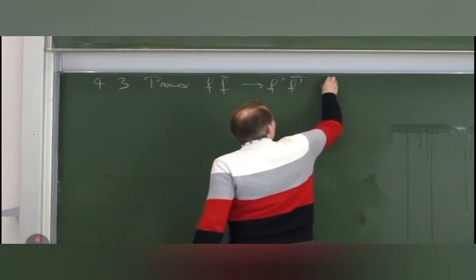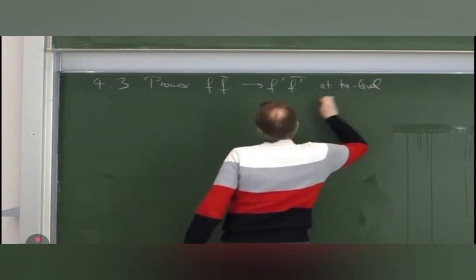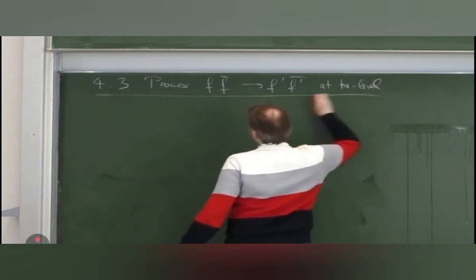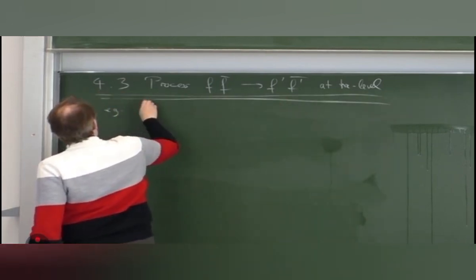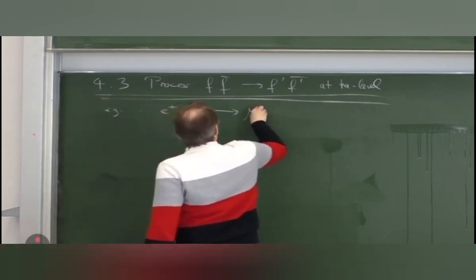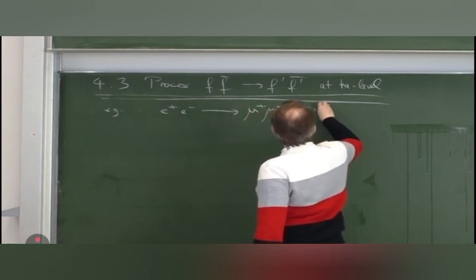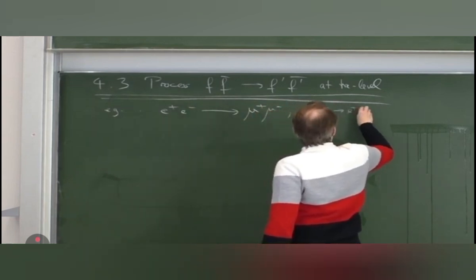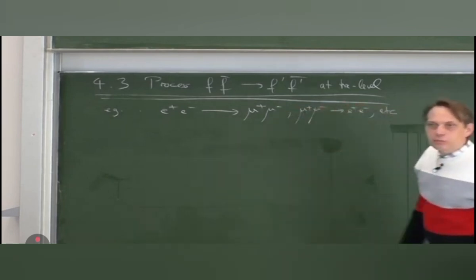And we discuss the process at tree level. Of course, the physical examples are electron-positron going to mu plus, mu minus, or the opposite, mu plus, mu minus going to electron-positron. And there would be many similar processes as well.